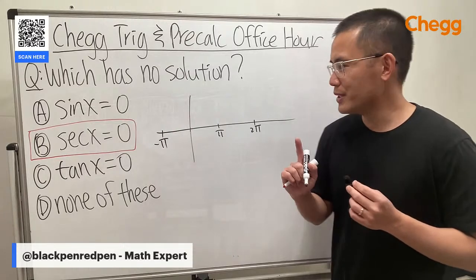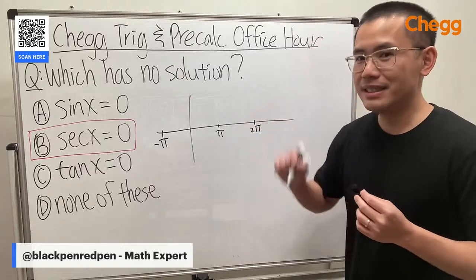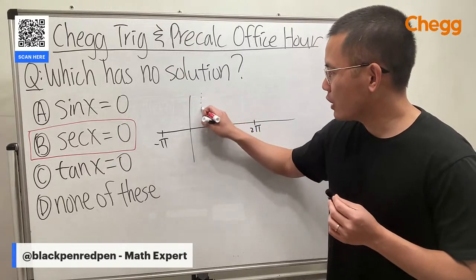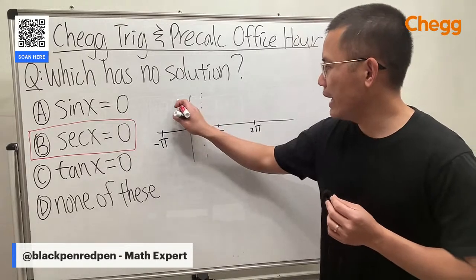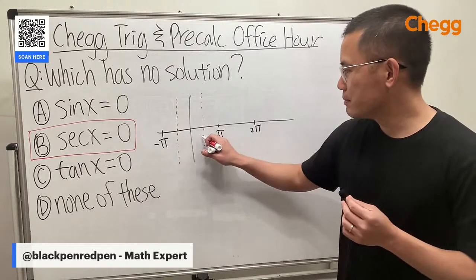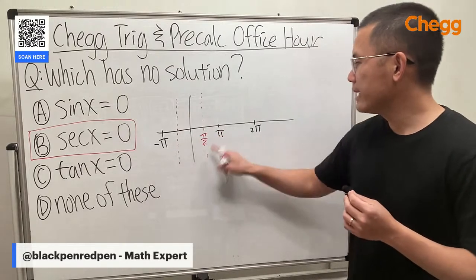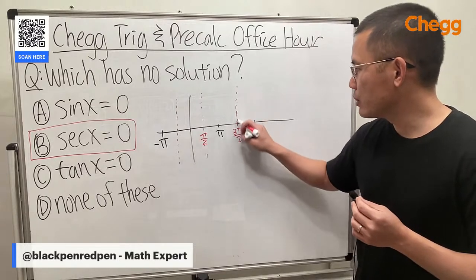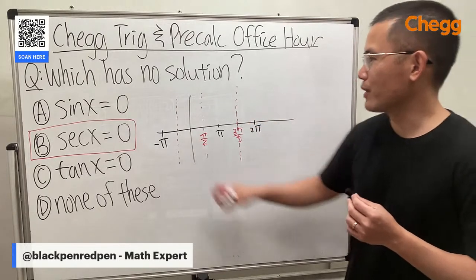I'm just going to do the secant graph for you guys. The secant graph looks like this. You will have a bunch of vertical asymptotes at the pi over 2's. This is pi over 2, and then 3 pi over 2, and a bunch of vertical asymptotes, and so on, so on, so on.